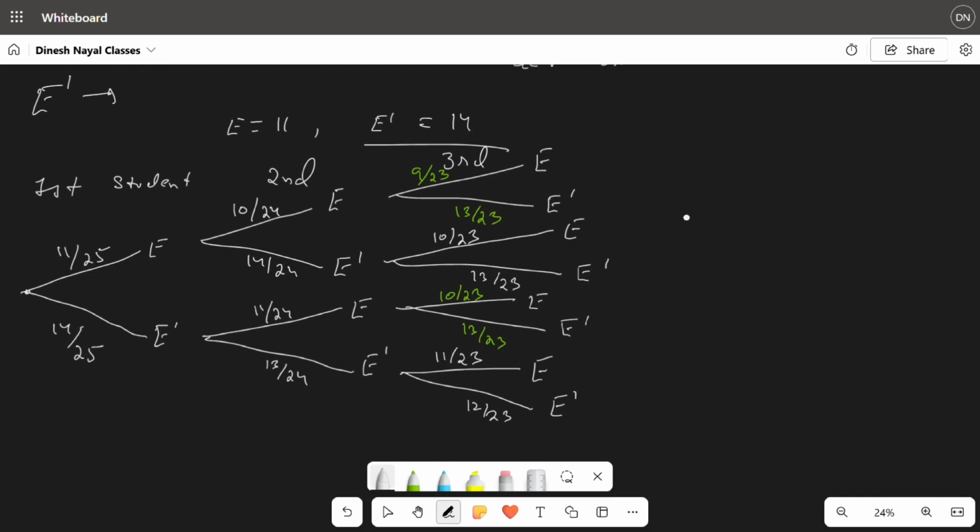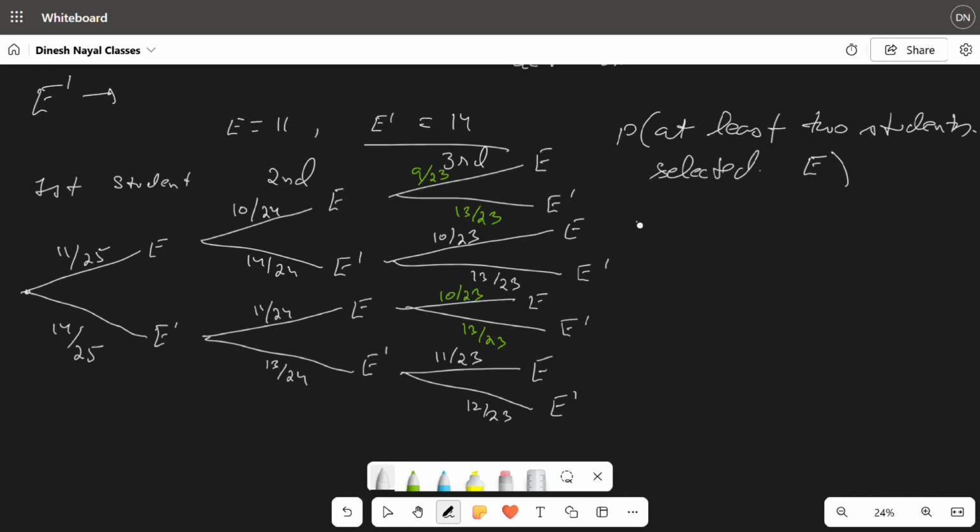So the question is you have to find the probability that at least 2 students selected also participate, or you can say are from E, in extracurricular activity.